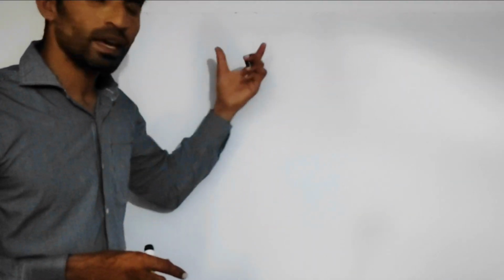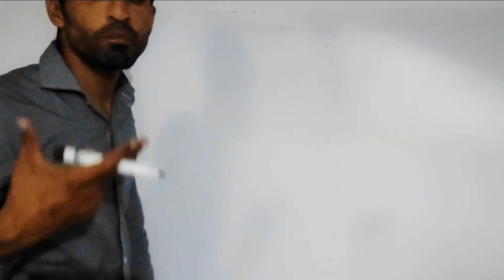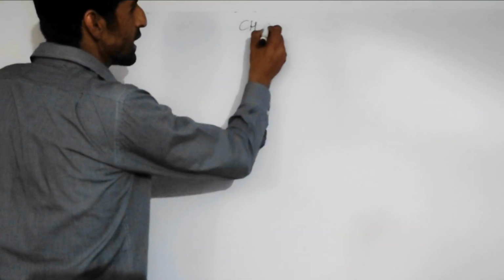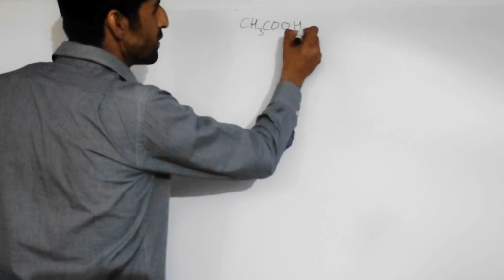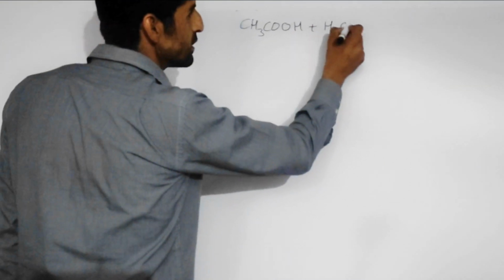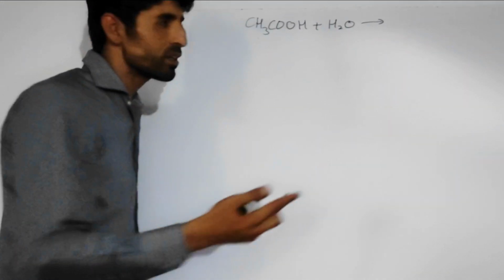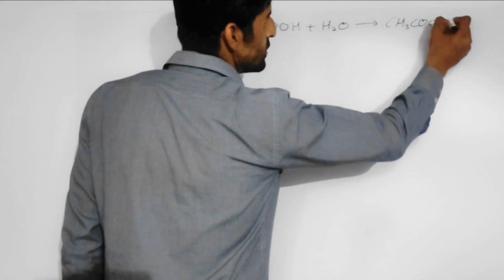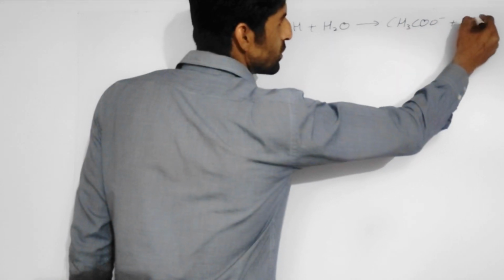Let us have some derivations to understand how buffer action works. For that purpose, we will write a balanced chemical equation: acetic acid, when dissolved in water, gives us acetate ions, CH3COO negative, plus hydronium ions.